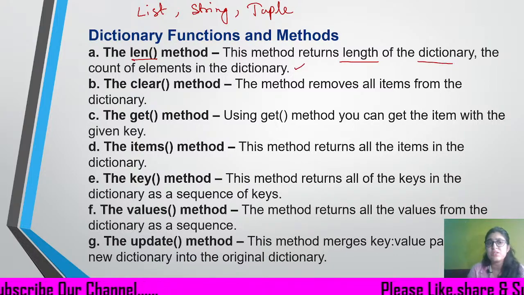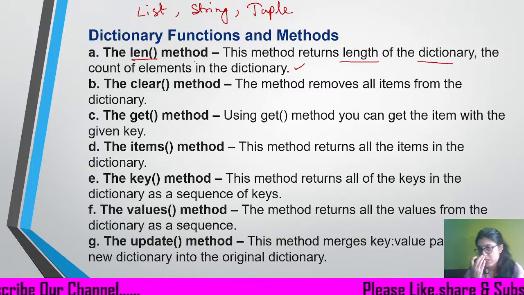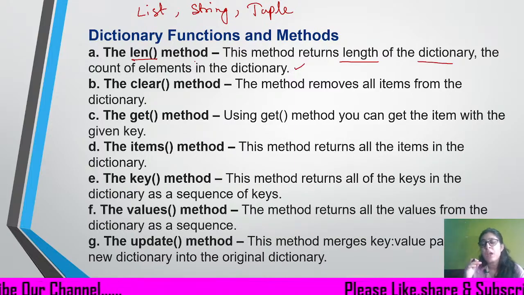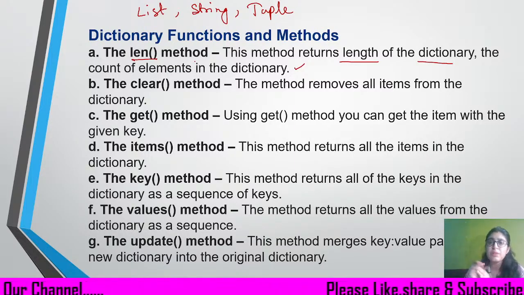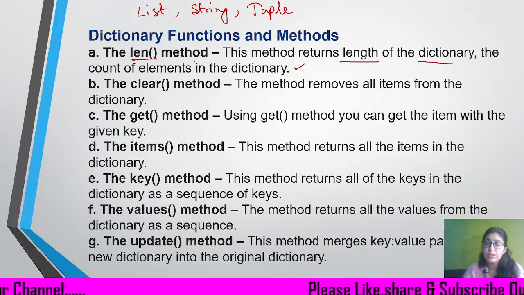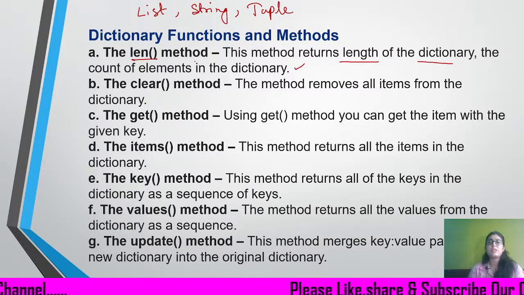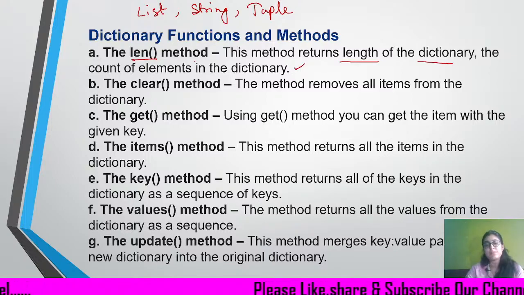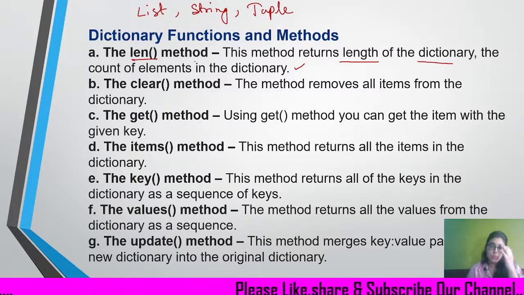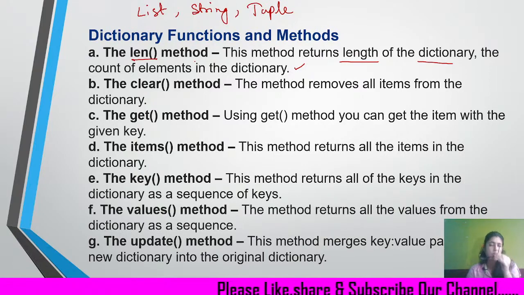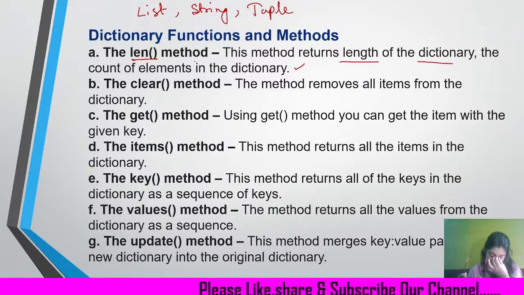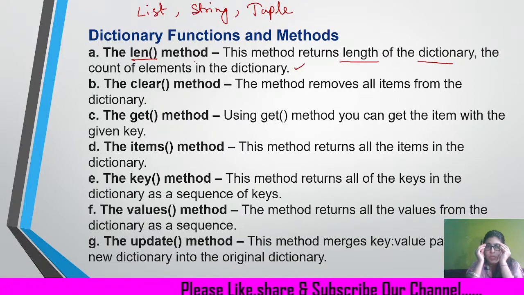That means it will return the total count of the elements of the dictionary. What is the total count? It is how many elements in total are present inside the dictionary.